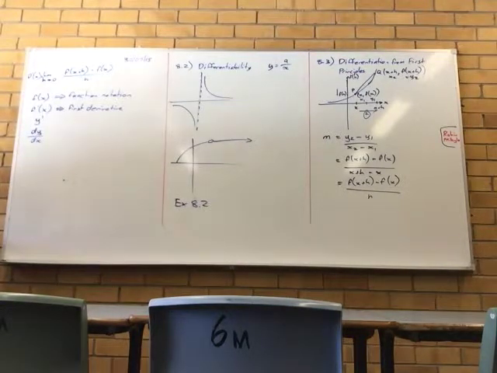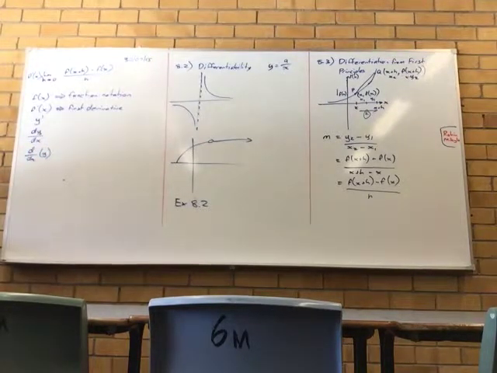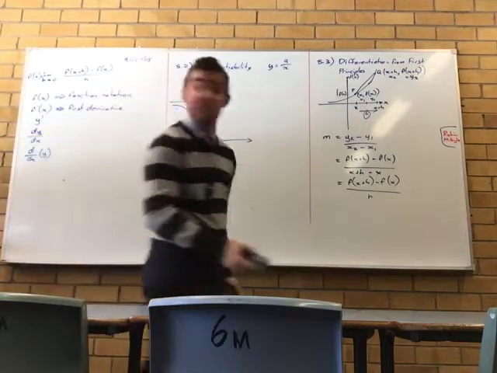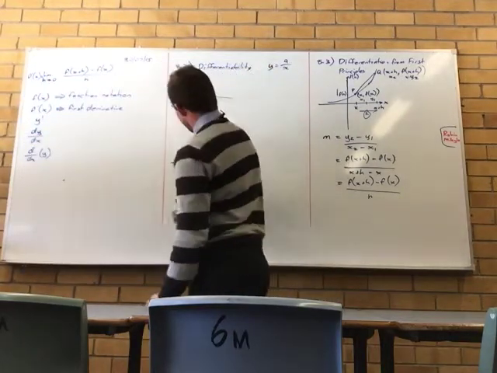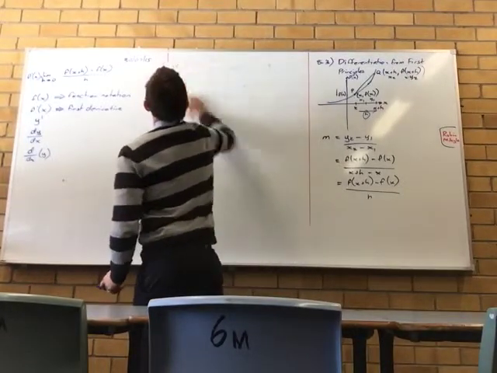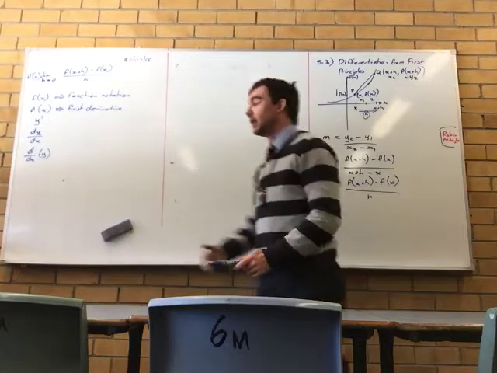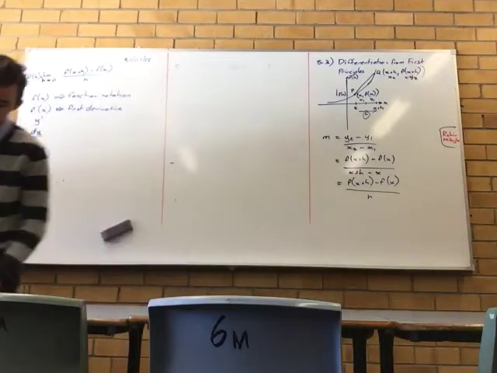And you also have the notation d dx of y, and we'll talk about it more later. Okay, that's the formula. We just derived the formula. Now let's look at applications of it.